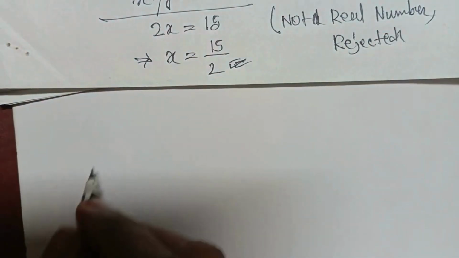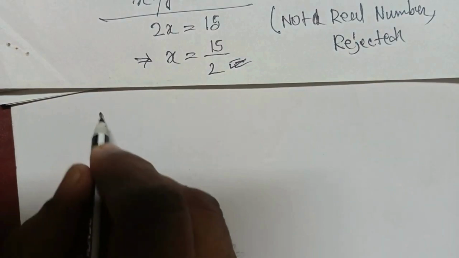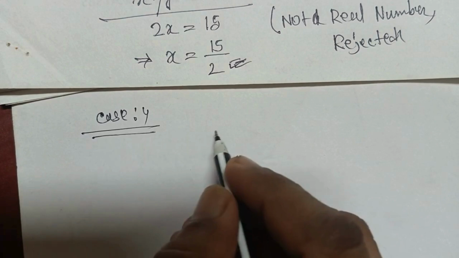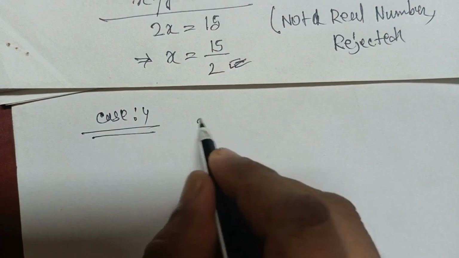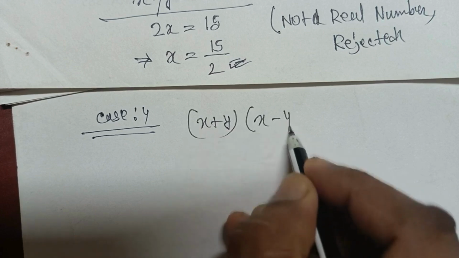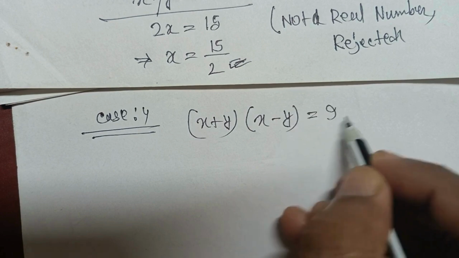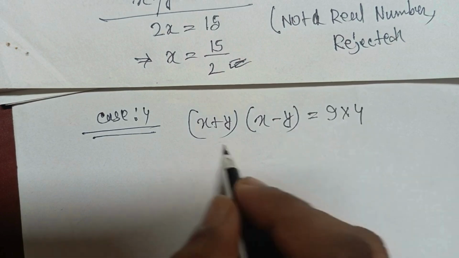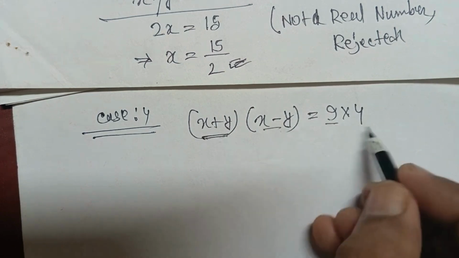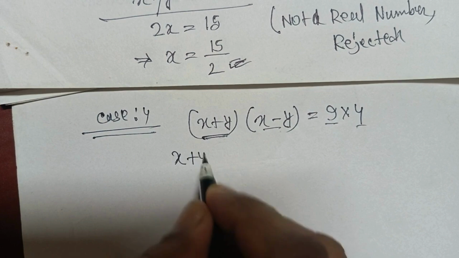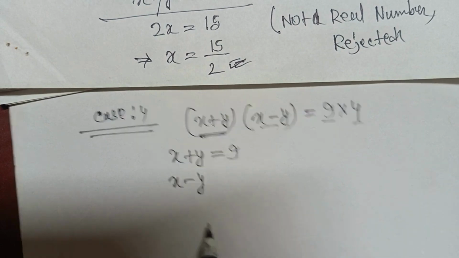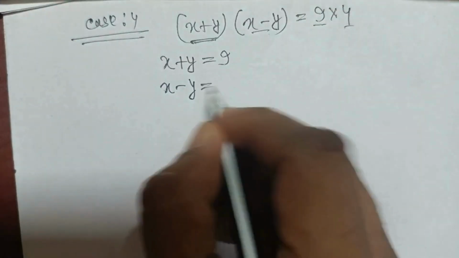Now for case 4, where we got (x plus y) into (x minus y) equals 9 into 4. Now if we compare x plus y to 9 and x minus y to 4, then we get x plus y is equal to 9 and x minus y is equal to 4.